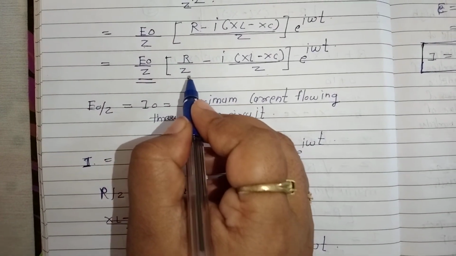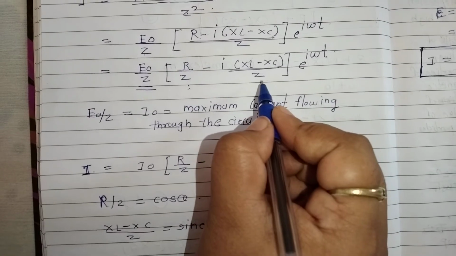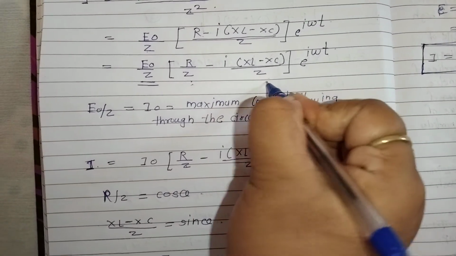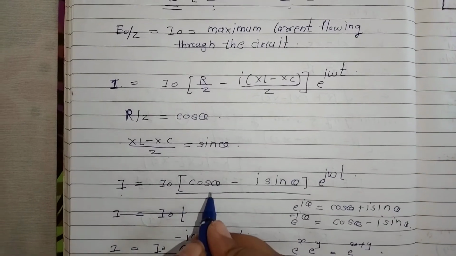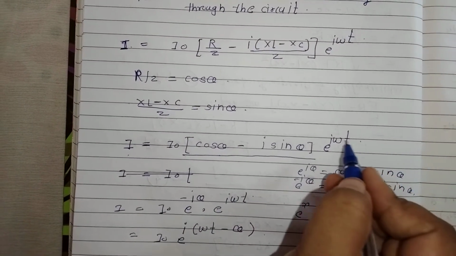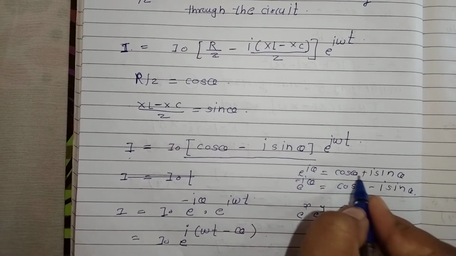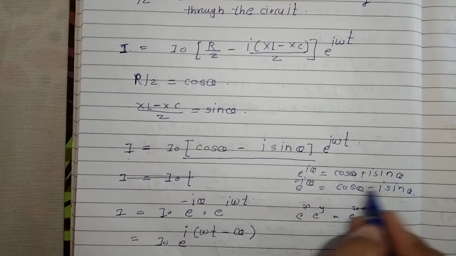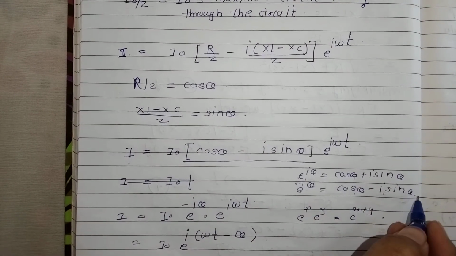R by Z is equal to cos theta and (XL minus XC) by Z is equal to sin theta. So we get I is equal to I0 (cos theta minus i sin theta) e raised to i omega t. We know e raised to i theta is equal to cos theta plus i sin theta, so e raised to minus i theta is equal to cos theta minus i sin theta.